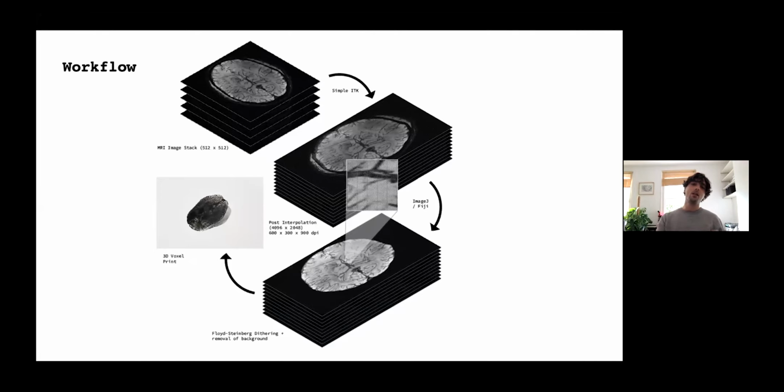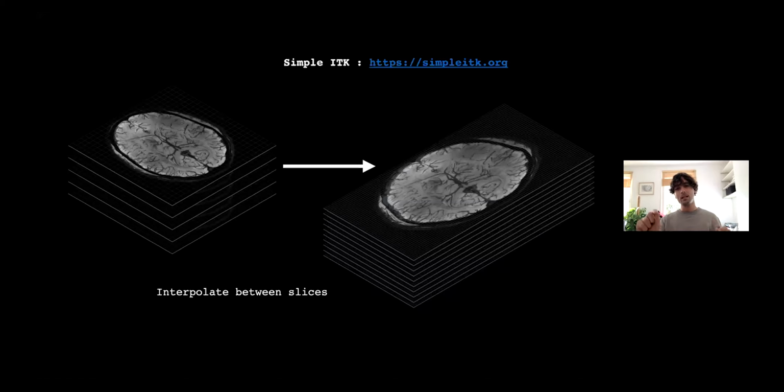So you have to create a virtual stack of images and then interpolate between the gaps. So you create these virtual images, and you stretch them in one dimension because that's just the resolution of the printer. But then you get a very detailed and true to life structure at the end of it.